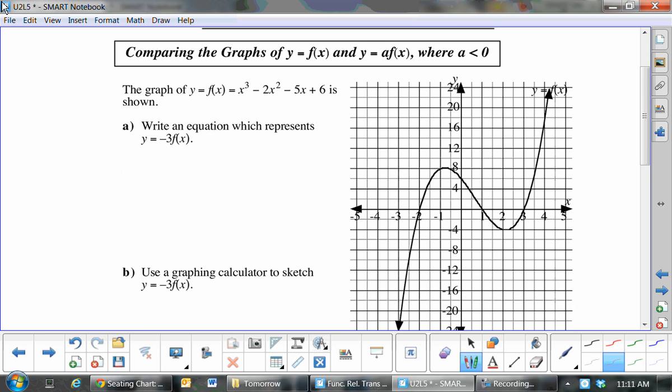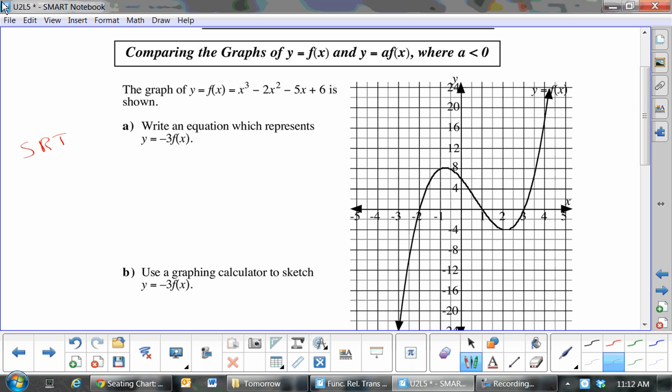Now, remember this from last year, okay? This is the order you should always do them in: stretches, then reflections, then translations. Now, you will be able to get away with doing RST, which works out the same, maybe, but the R and the S can be interchanged. I just think it's easier to draw them if you do the stretch first, then the reflection.